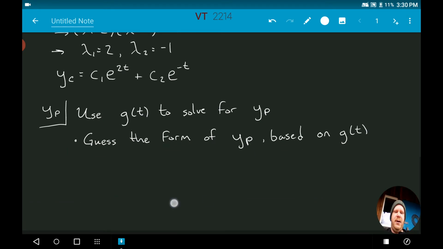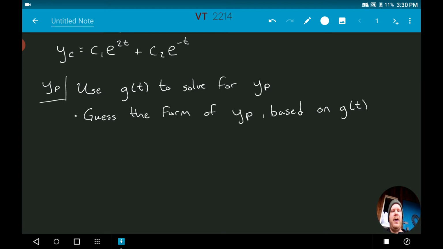I'm going to have a whole video about guessing the form because there's a lot of things that we need to consider for this. But this example that I've given is fairly easy. In this case, we have g of t equal to 8e to the 3t.